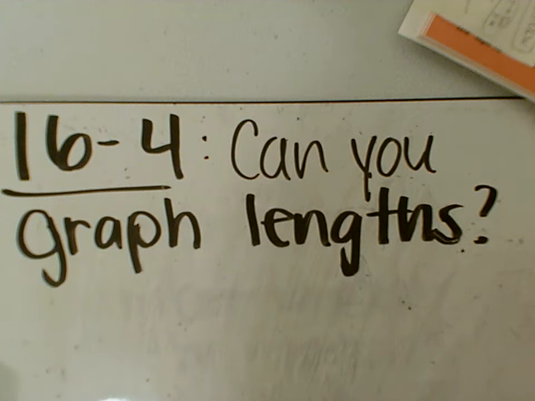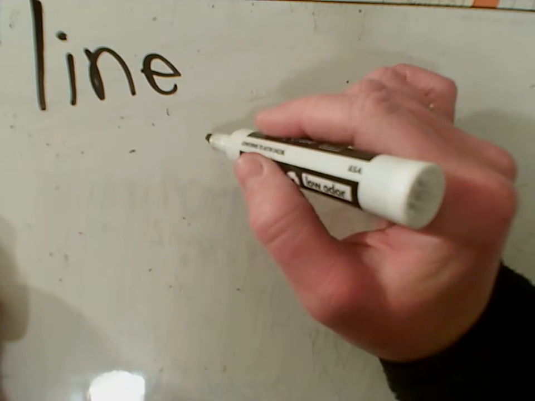Okay, so today's math goal is to see if you can graph lengths. You have learned to show data with a tally chart and bar graph. Today you will learn to show data on a line plot. So a line plot. What do we know about lines or a line?